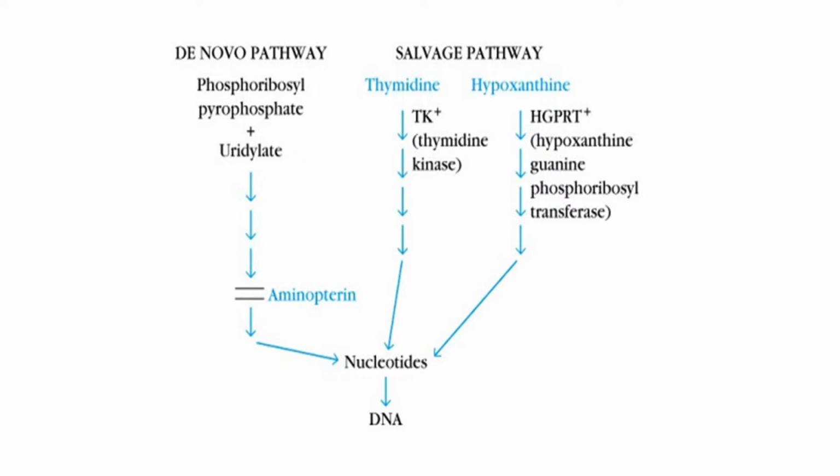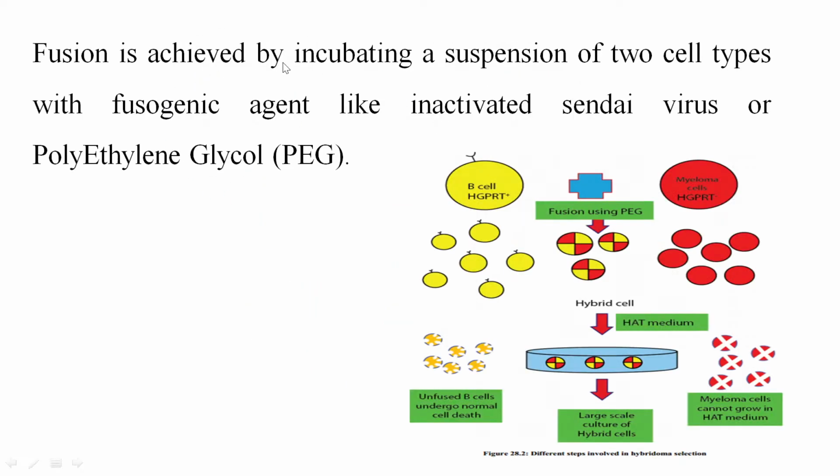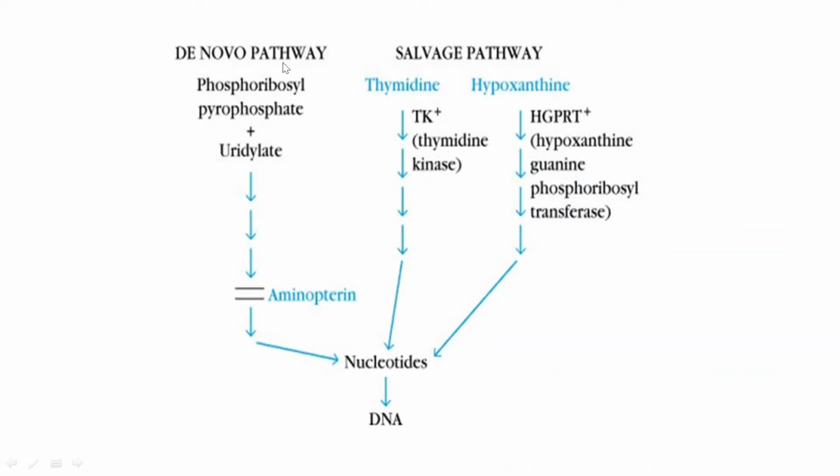So in nucleotide synthesis, the de novo pathway, the pathway that you can see here, this pathway is the classical pathway. So usually when everything goes well, the synthesis of nucleotide occurs using the de novo pathway. Whereas when we come to the other pathway mentioned here, which is the salvage pathway, this is the alternate pathway. So whenever any problem is encountered in the de novo pathway and it gets obstructed or switched off, then nucleotide synthesis occurs using the salvage pathway.